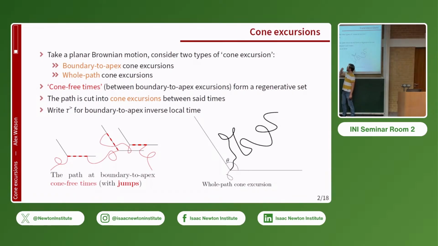So if you follow the Brownian motion at this inverse local time, you follow the red bit, you reach what would be an excursion into the cone, and you just jump over it and move straight on. This is what we call Brownian motion subordinated by this inverse local time. So it moves along those, skips all those excursions.